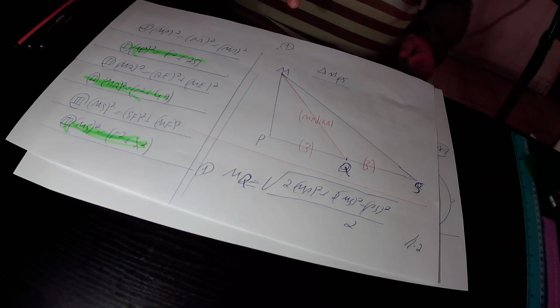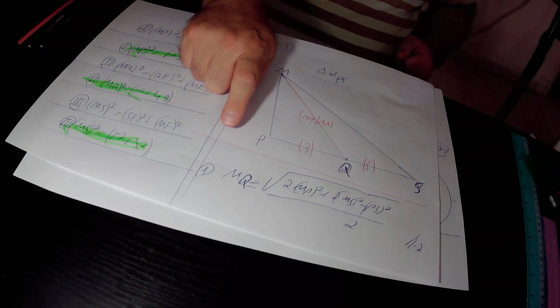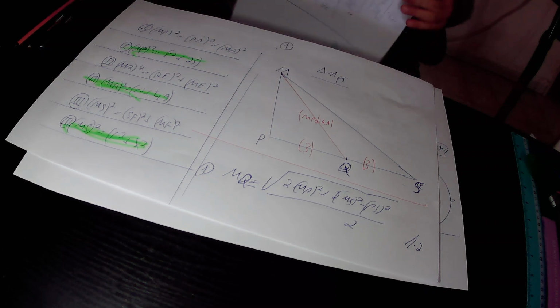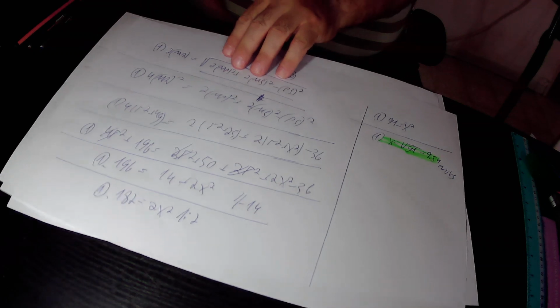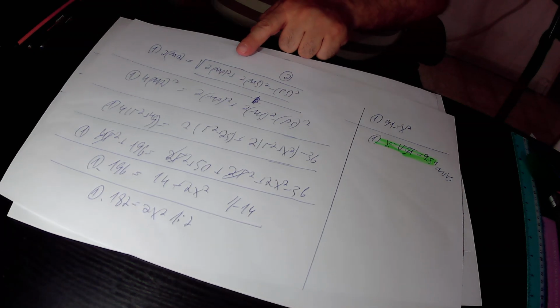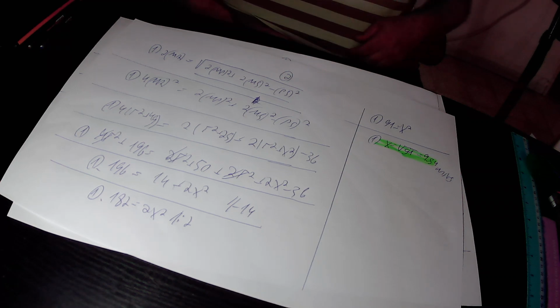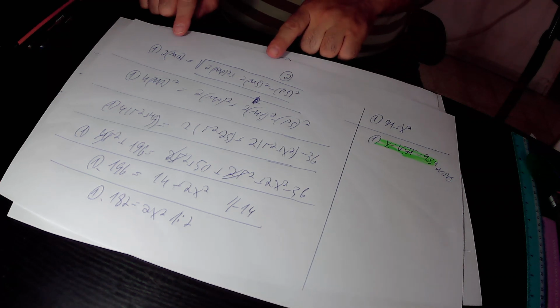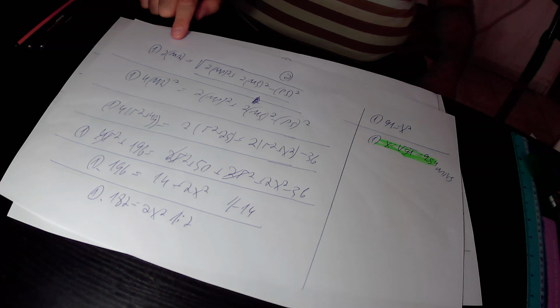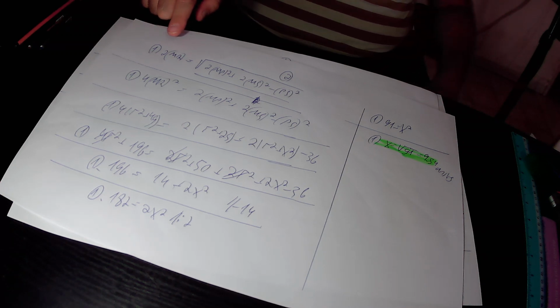Here we multiply this equation 1 by 2, and finally found out that 2MQ equals the square root of 2MP squared plus 2MS squared minus PS squared. We square both sides of this equation. So the square of 2MQ is 4MQ squared, because 2 squared is 4. MQ squared is MQ squared, so in total 2MQ squared is 4MQ squared.